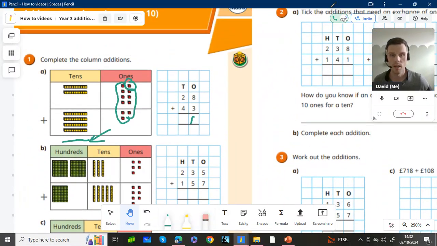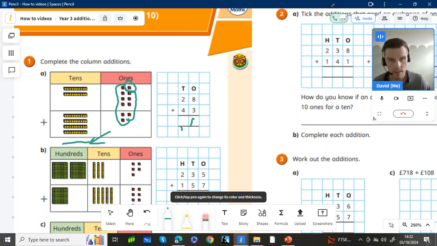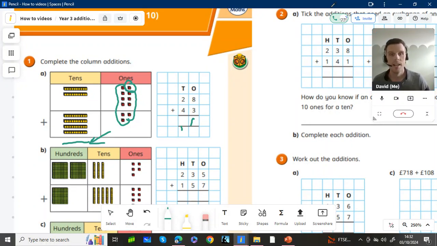I've also got this extra 10, so I need to write a little 1 underneath, like that. Now I'm going to add the tens together. Well, I've got 1, 2, 3, 4, 5, 6 tens to begin with. So 2 plus 4 is 6, but I've also now got that extra 10 here. So 6 plus 1 equals 7. So my answer to question 1A is 71.